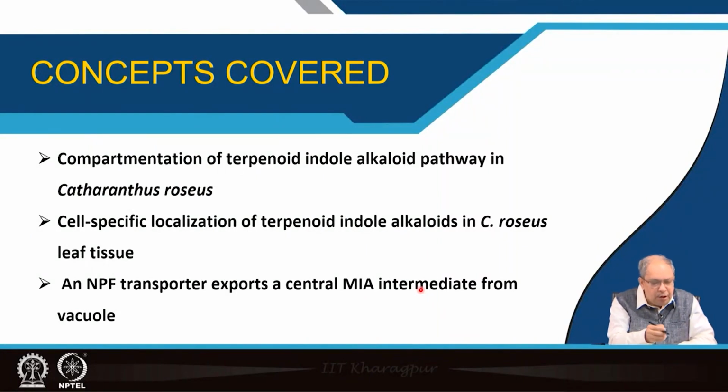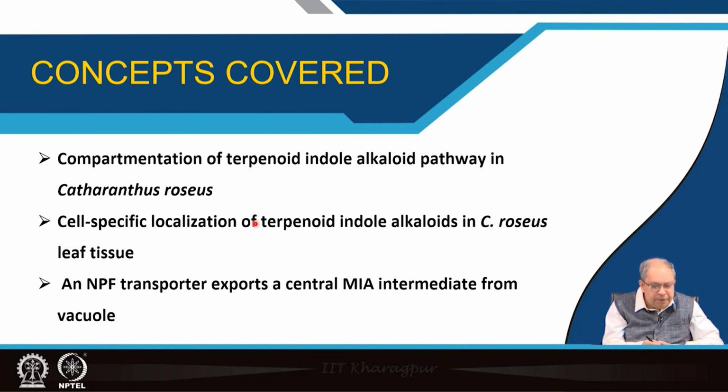So, with this, what I am going to cover? I am going to cover again the compartmentation of terpenoid indole alkaloids in Catharanthus roseus. I will draw a line diagram, and here particularly I will emphasize the role of epidermal cell in modulating the pathway. Then I will go to the cell specific localization of terpenoid indole alkaloids, and how these indole alkaloids are transported from one type of cell to another.